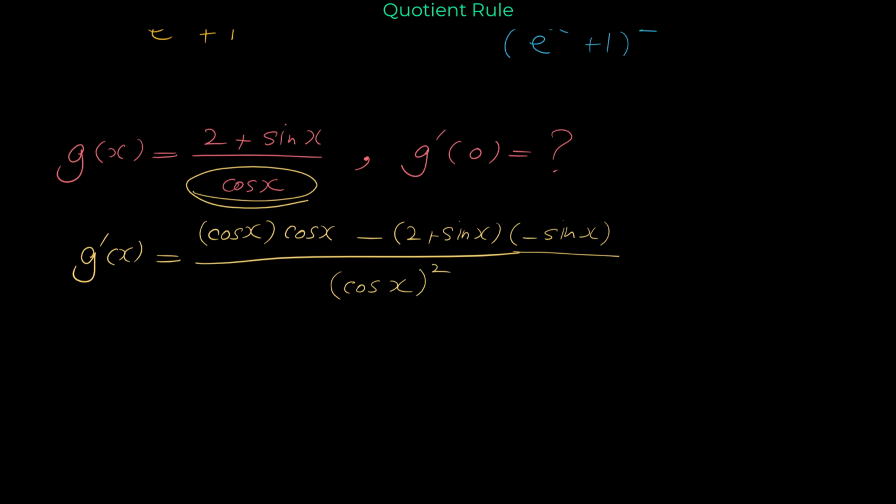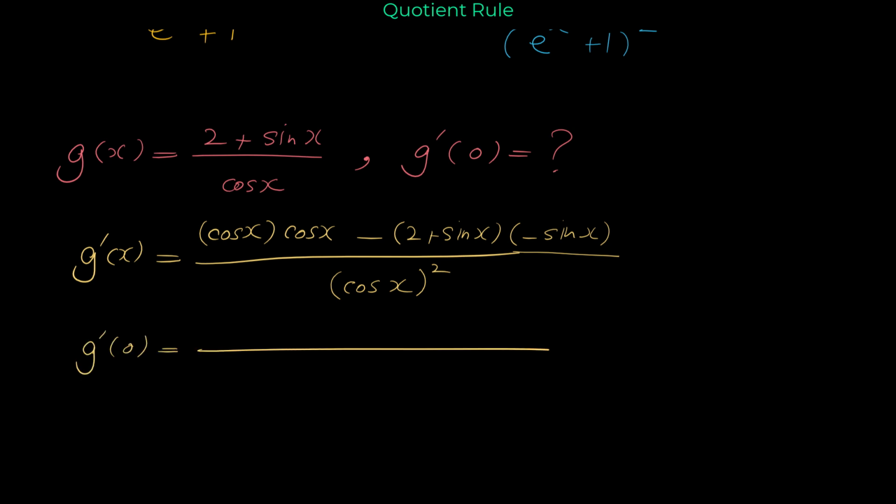Now we have to plug in 0 to find g prime of 0. So g prime of 0 equals, if we plug in 0 for x, cosine of 0 is 1, minus, sine of 0 is 0, 2 plus 0 is 2, so minus 2 times, this is also 0.